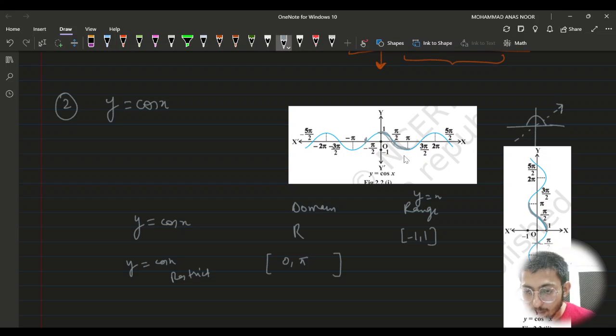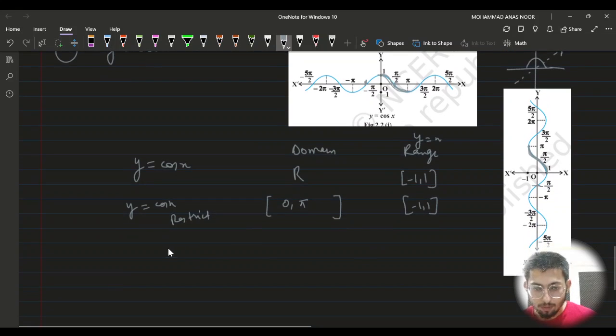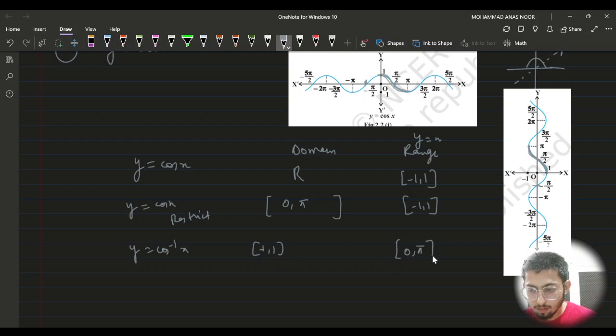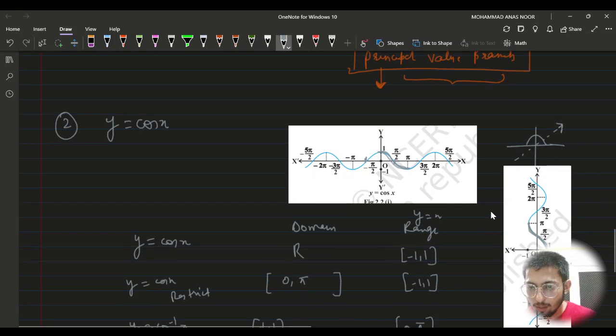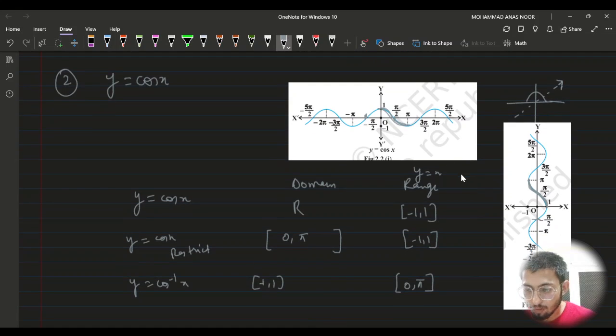If you take the mirror image, this is what we will get. Now the range is minus 1 to 1, and if you make it an inverse, you will get the domain minus 1 to 1 and the range 0 to pi. If you take 0 to pi, there is no confusion here, right? This is the function now, correct?